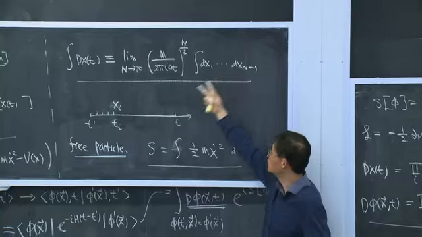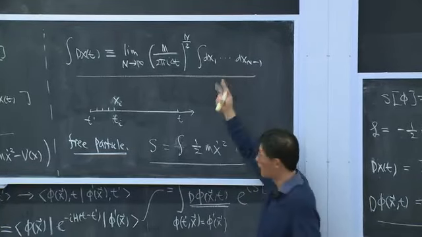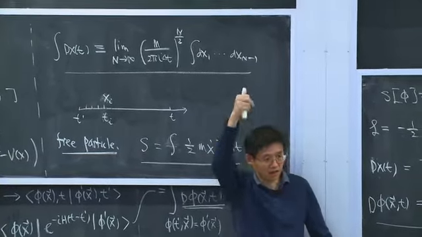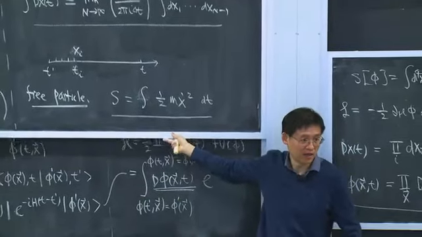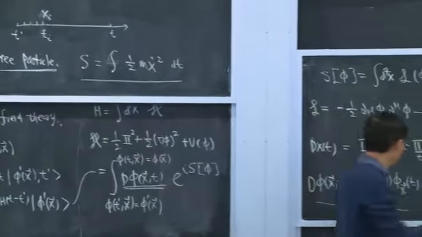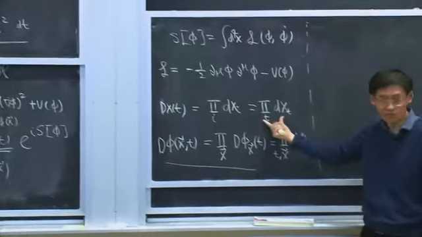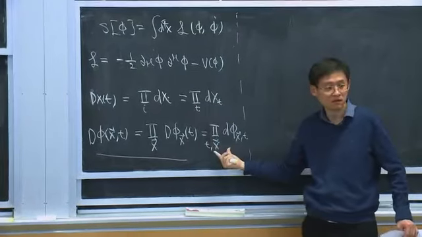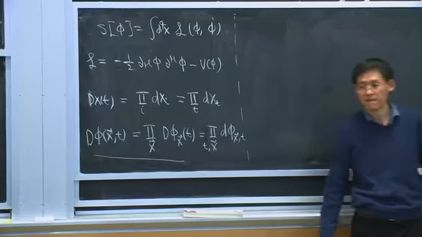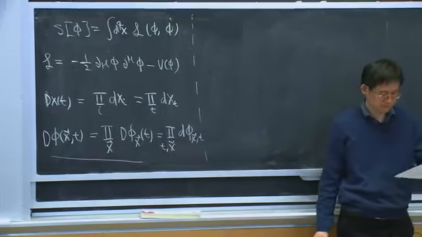But if I go to the continuum limit and go to the infinite limit, essentially at each point t, I have integration over x, and so that's roughly the continuum form of that, and here it's similar. Yeah. Okay.